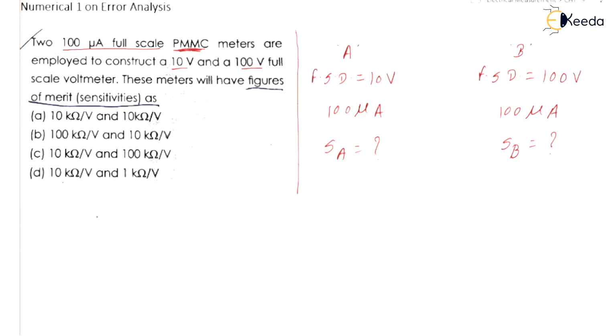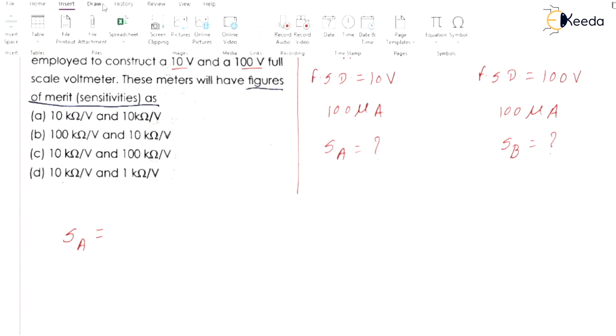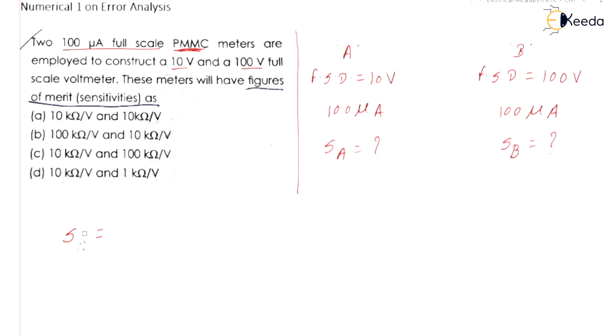We know the total resistance of meter A, that is RA, is equal to sensitivity into full scale deflection.